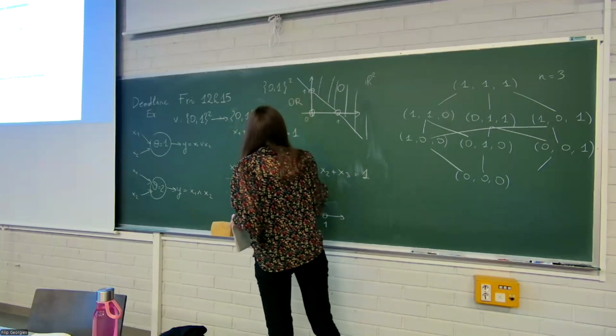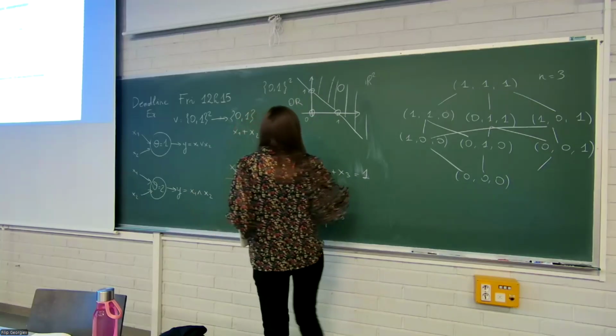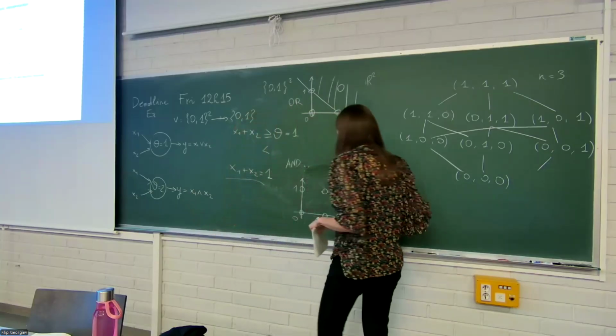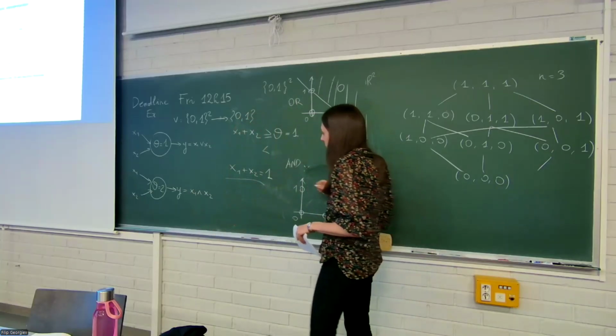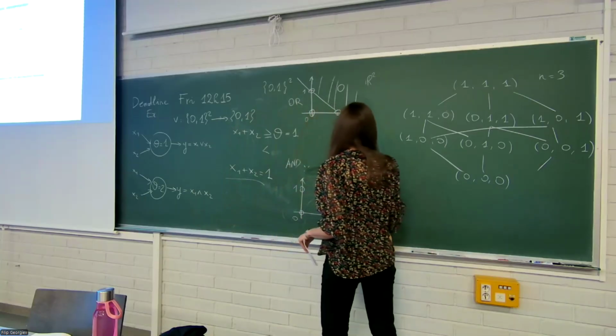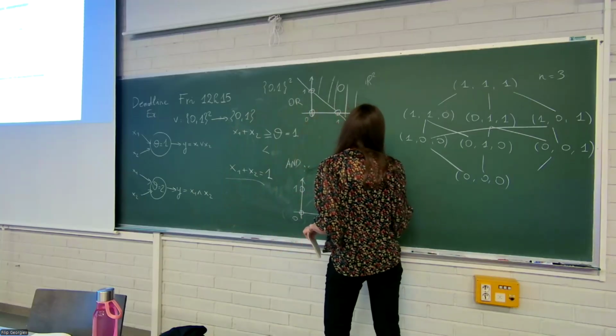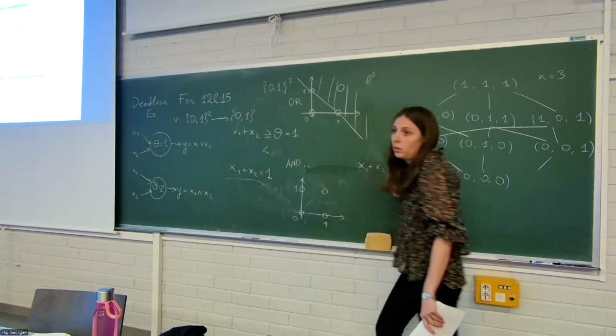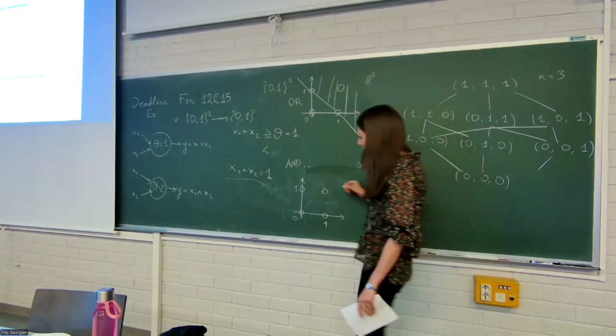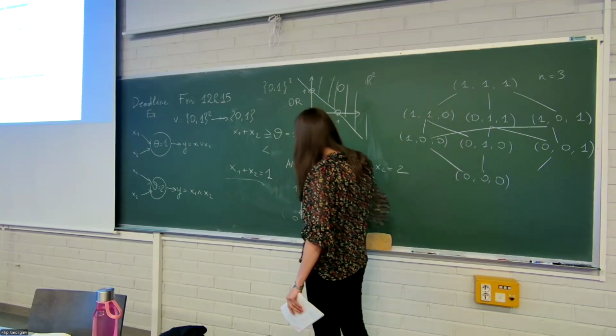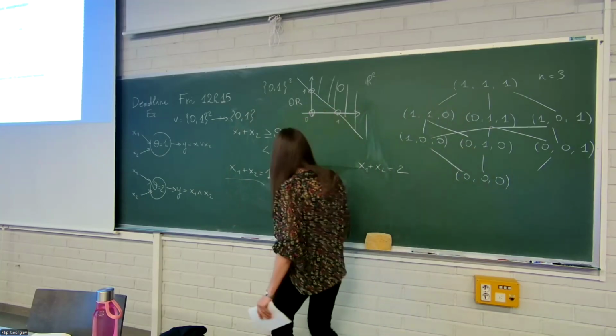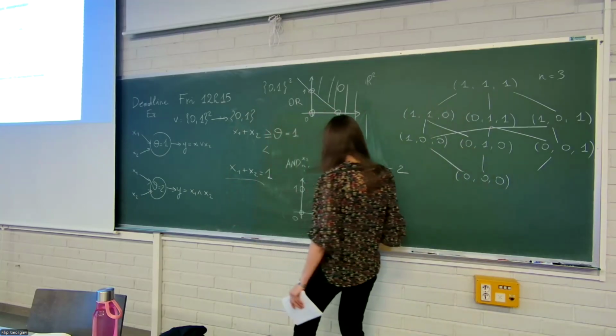And here, the AND checks if this is true: x1 plus x2 equal to 2. This is a different straight line that crosses the x-axis. Sorry, this is x1, x2, and this is the x1 axis.